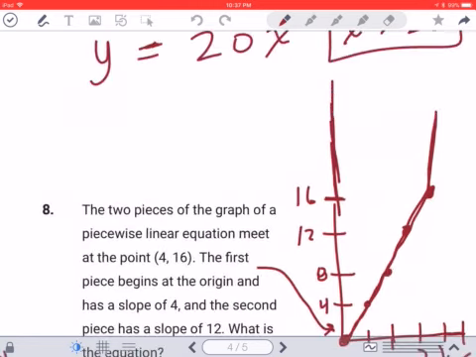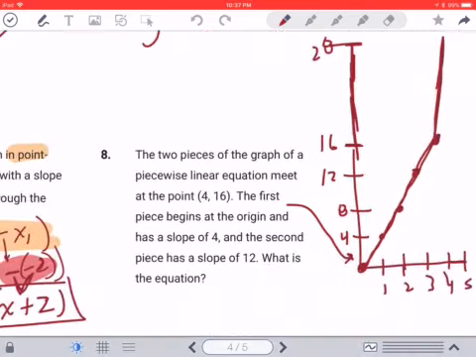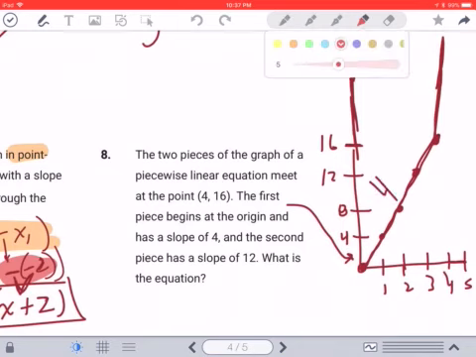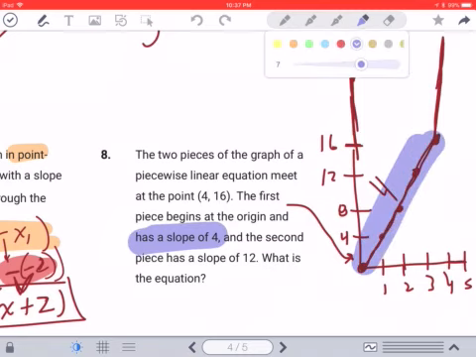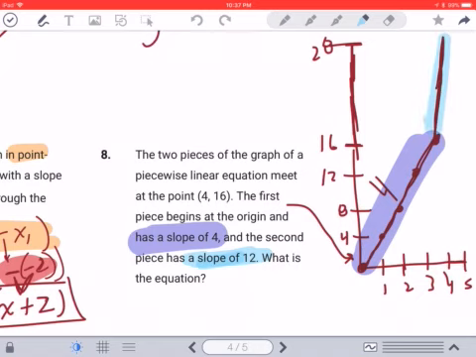So this would be 16 plus 12, which is 28. So this would go all the way up to 28. So the next point would be (5, 28). So this has a slope of 4, and this has a slope of 12. So much steeper.